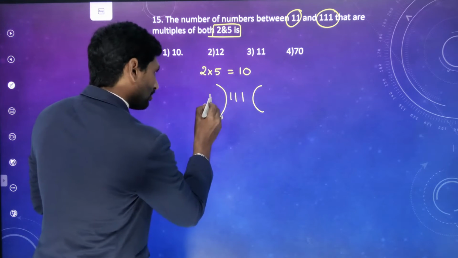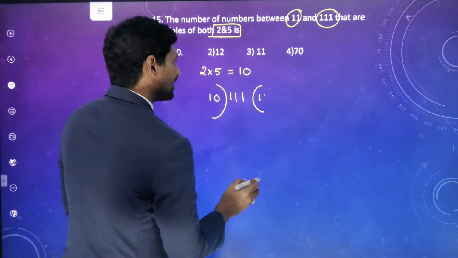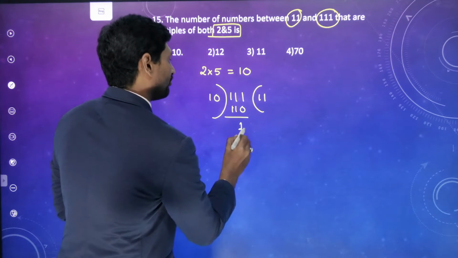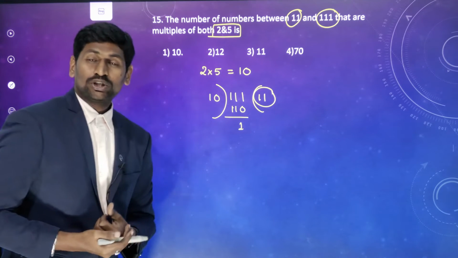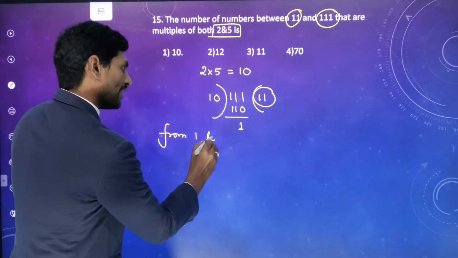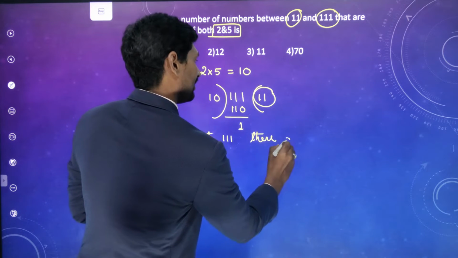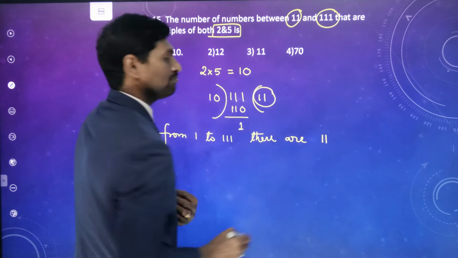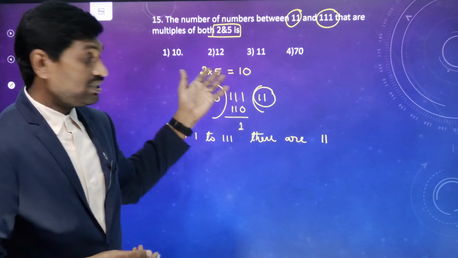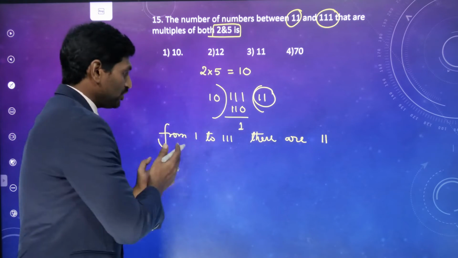Same as the previous problem: 10 table, 10 tens 100, 10 11s 110, here remainder 1. So from 1 to 111, there are 11 numbers which are divisible by both 2 and 5.